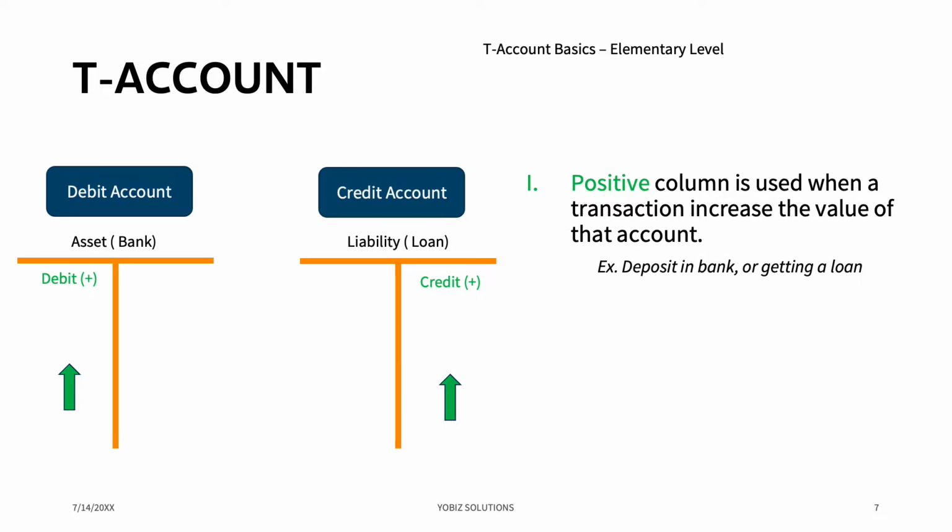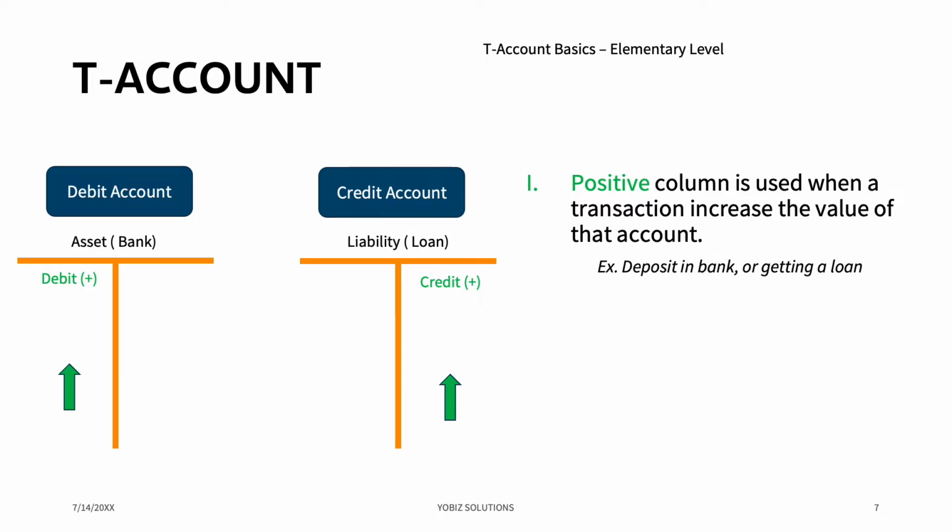And when we say the positive column, that column would be used if a given transaction increases the value of that account. For example, if you deposited some money into the bank, you increase the value of the bank account. That means it will go to the positive side, which would be debit in this case. On the other hand, if you use your credit card to make a purchase, that transaction increases the value of that particular account.